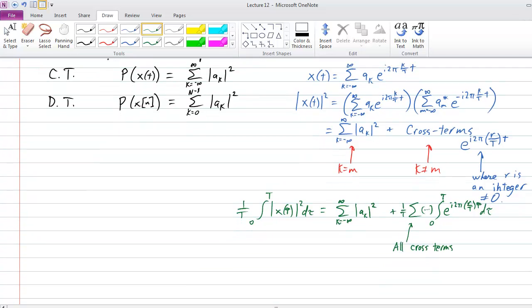All right, now let's just look at that integral right there.